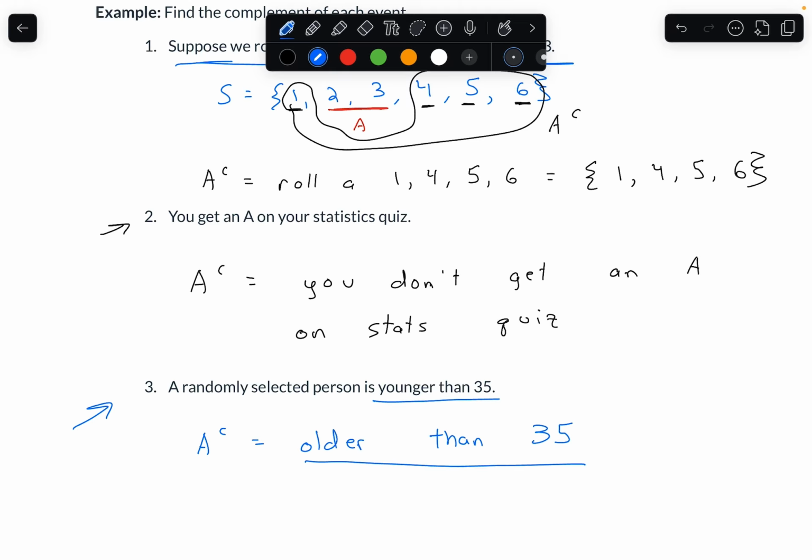That doesn't count every single possibility, because what if a person is exactly 35? So to write out the complement of this event, I would have to say the person is 35 or older. They could be exactly 35 or they could be older than 35.